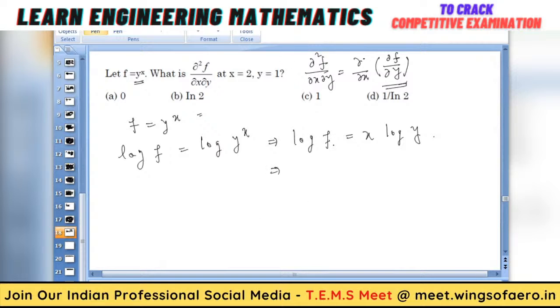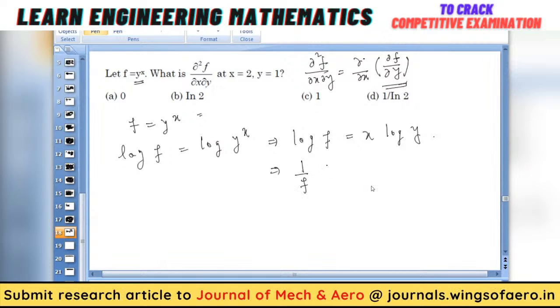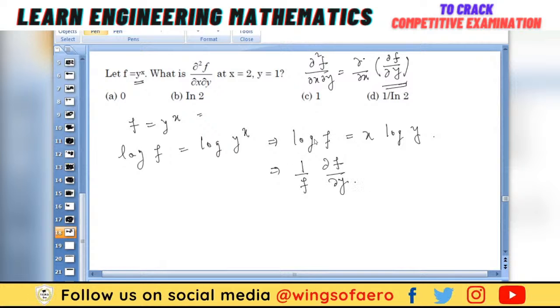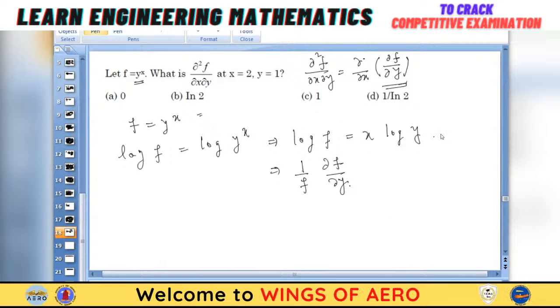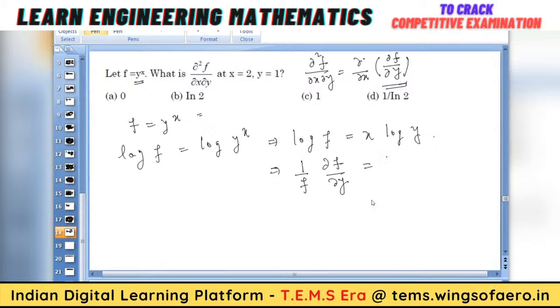So log f: the derivative of log f is 1 by f del f del y. So 1 by f del f del y is equal to x log y.